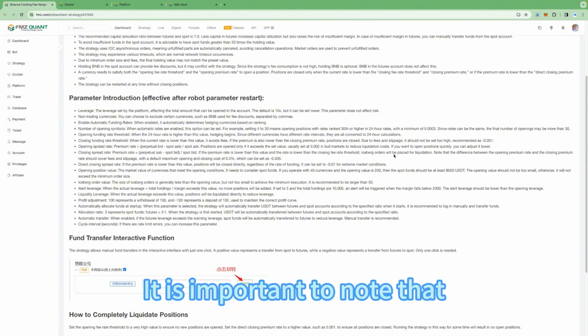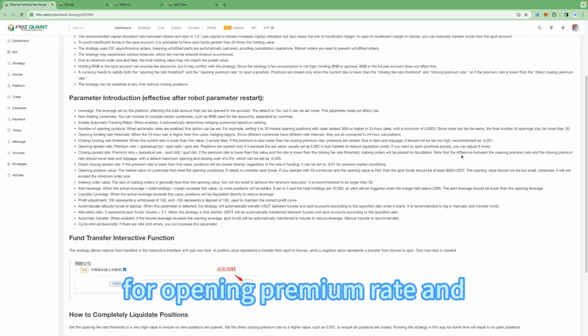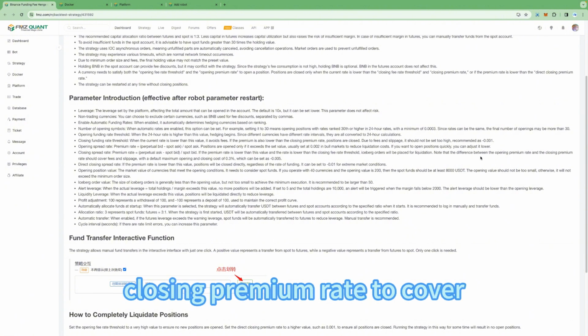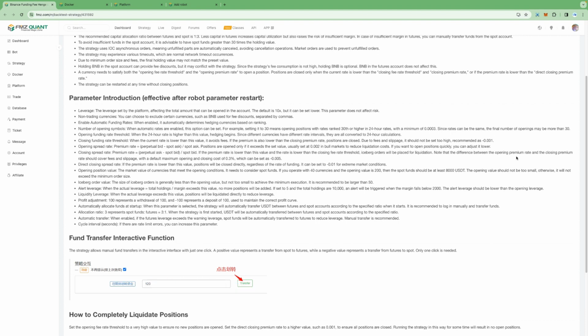It is important to note that there should be sufficient space between the opening premium rate and the closing premium rate to cover handling fees and slippage points.